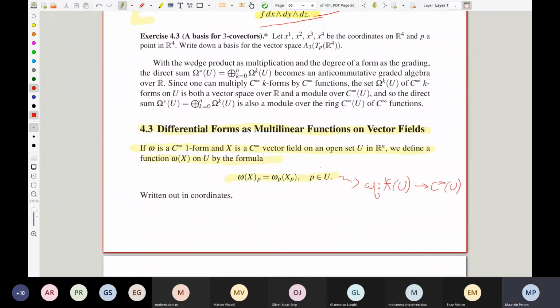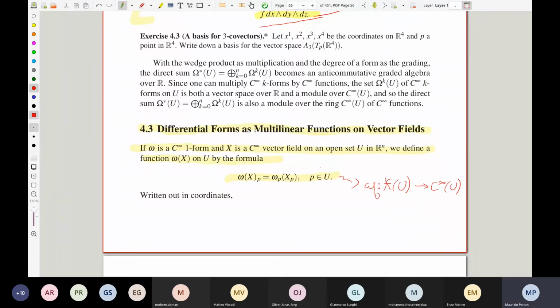Well, remember that a tangent vector was acting on germs of functions, and then a vector field was acting on functions, giving functions.